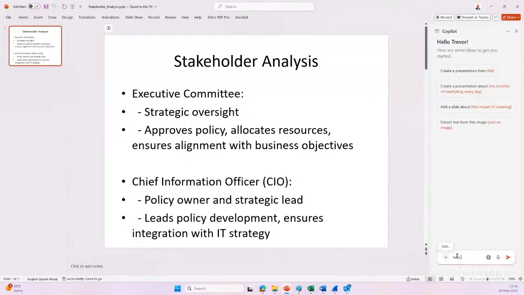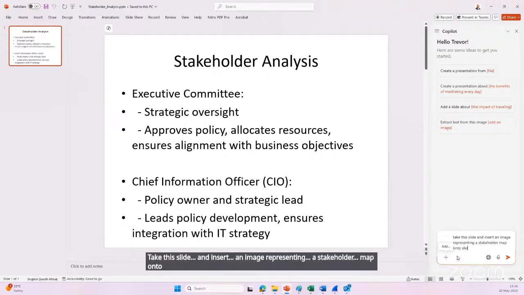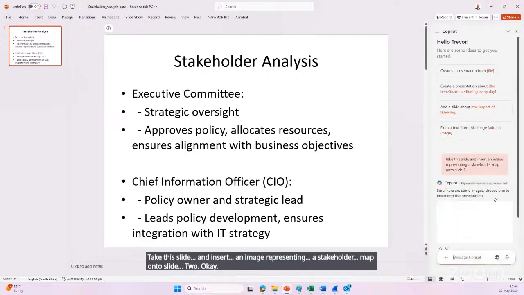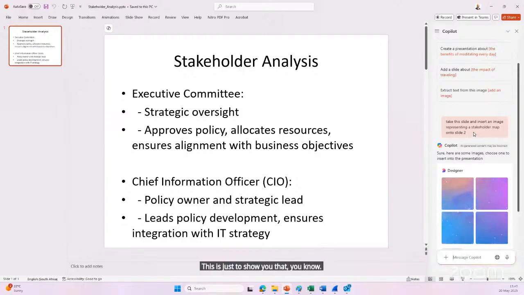Take this slide and insert an image representing a stakeholder map onto slide 2. This is just to show you that I didn't quite ask the question correctly.